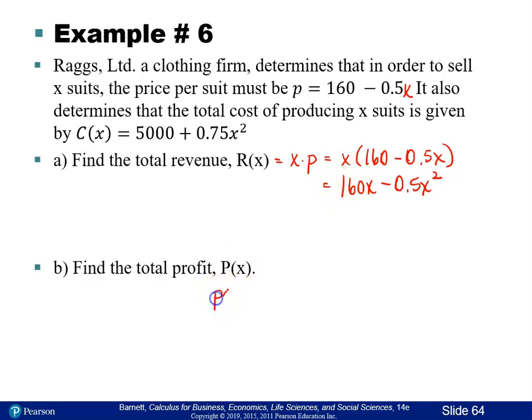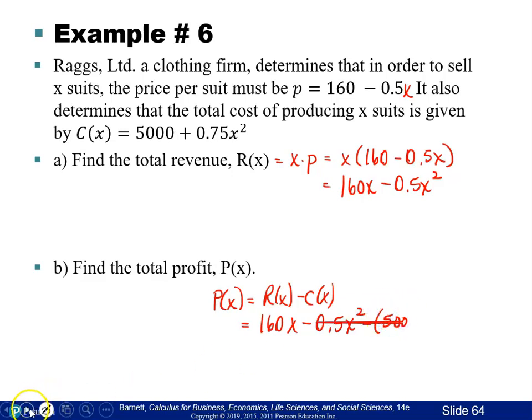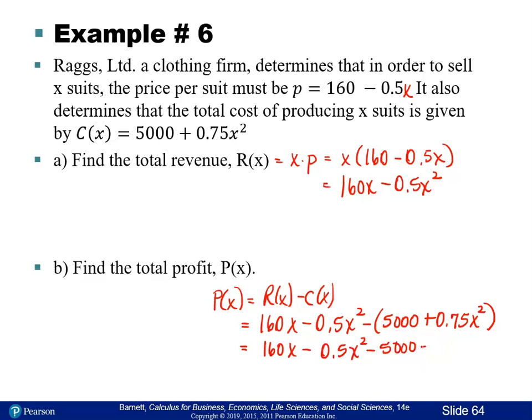Our profit function, then we know, is revenue minus cost. So our revenue we just found to be this equation. We're going to take away the cost function, which is what was given to us. All right, we'll distribute the negative throughout. And then we'll combine some like terms together.